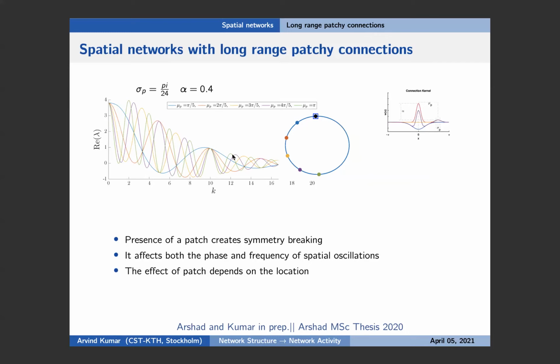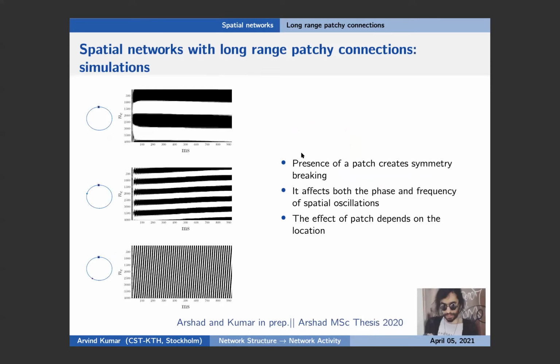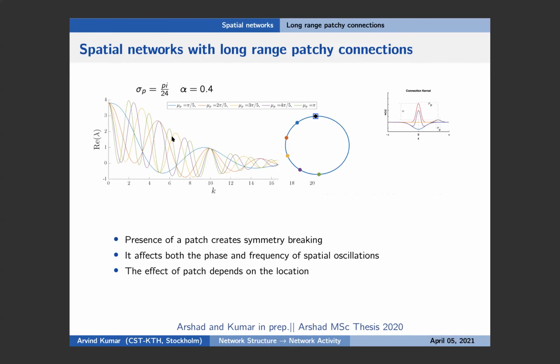You can see that as you move closer and closer to the main lobe of the bump, the frequency of the spatial pattern decreases, meaning we should get a different number of bumps depending on where the patch is placed. If you're closer to the bump, the frequency of patterns is much higher, which we can see in this plot, where, when the patch is closer, we follow this blue line, which has a peak at 9 or so.